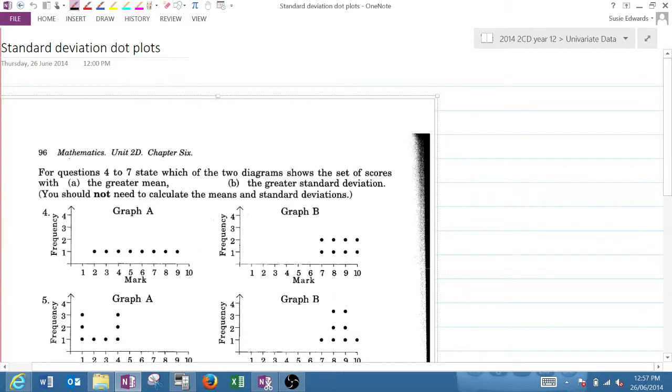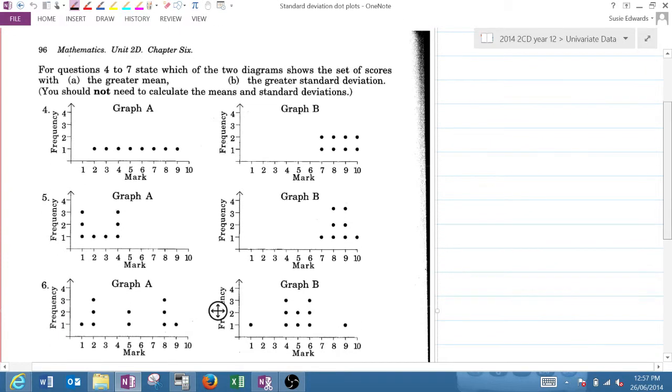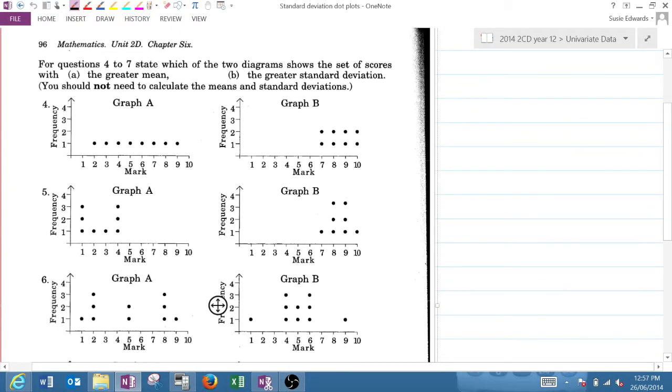For this question here, it says, choose between graph A and graph B without working out what the numbers are. Which one has a greater mean and which one has a greater standard deviation? So where would the mean be approximately for graph A? 5.5. So your mean's there.